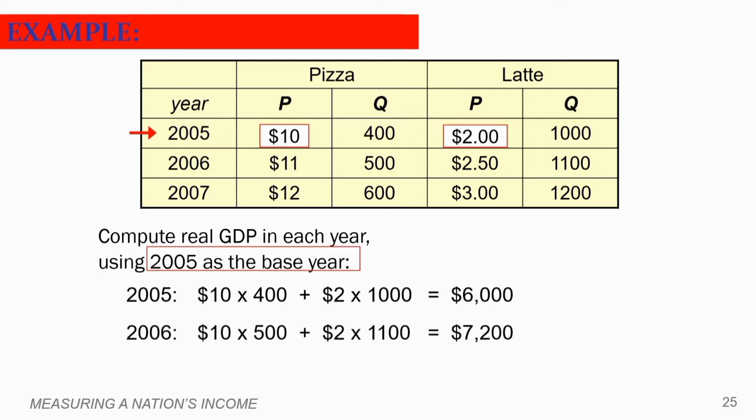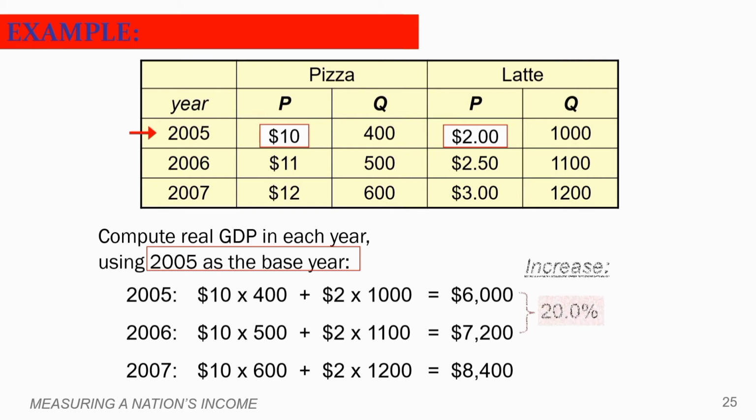In 2006, the real GDP is equal to, we multiply the quantity of pizza and latte in 2006, but we will use the 2005 prices. So in 2006, the real GDP is $7,200. And in 2007, real GDP is $8,400.